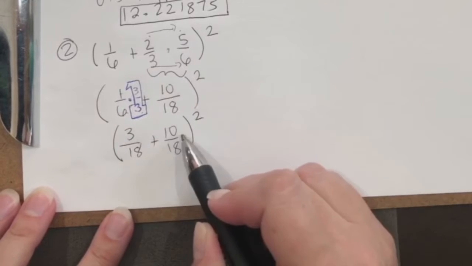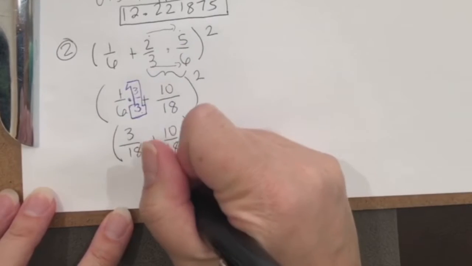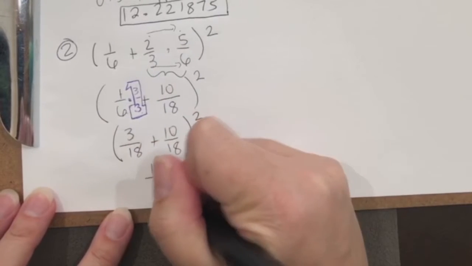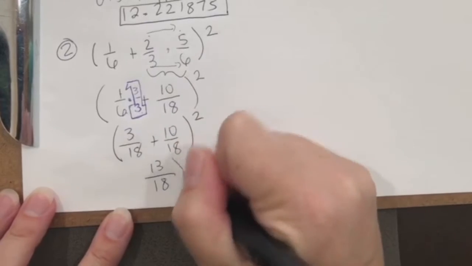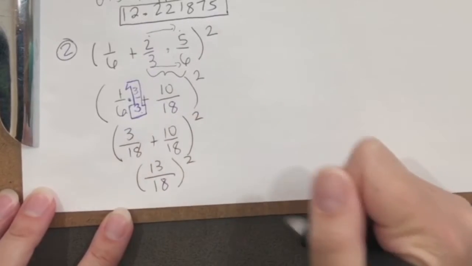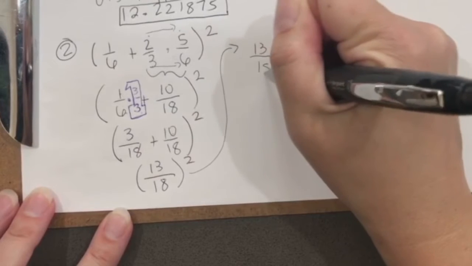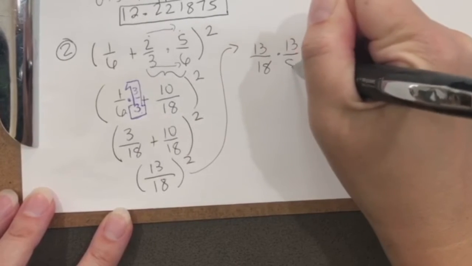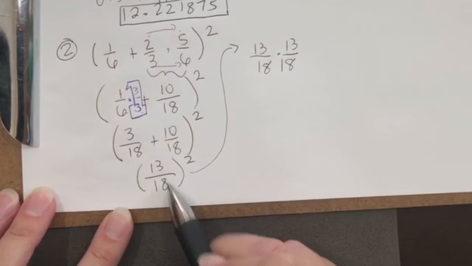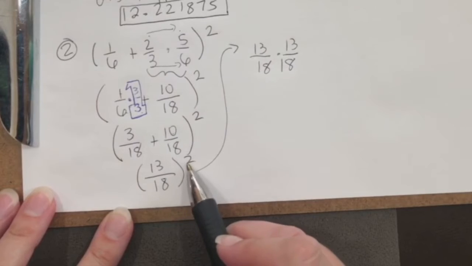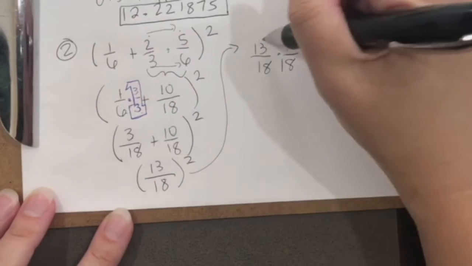So now we get to put these together. 3 plus 10 is 13 over 18, and we're going to square that. I'm going to bring it up here. 13 over 18 times 13 over 18. We've got two of these multiplied together. That's what the squared means.